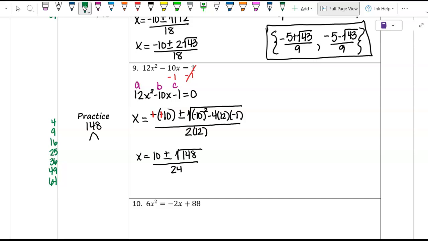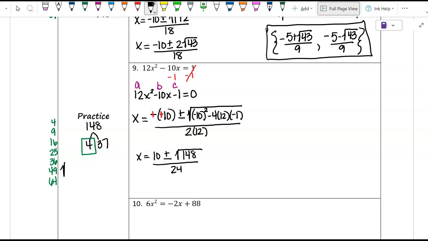Are they a factor? 4, you get 4 times 37. So 4 is our perfect square.